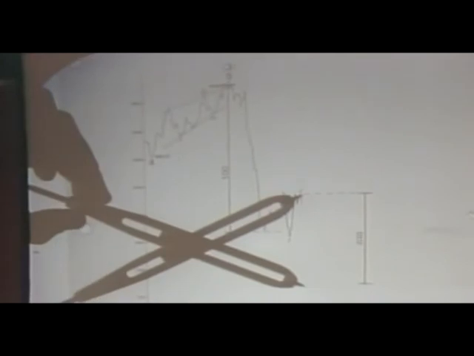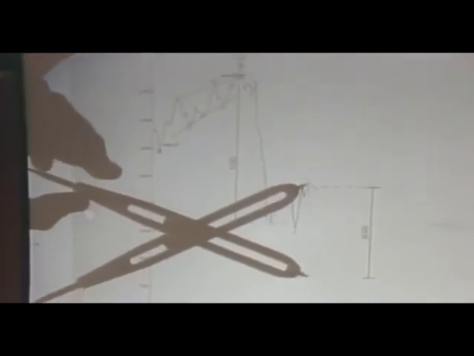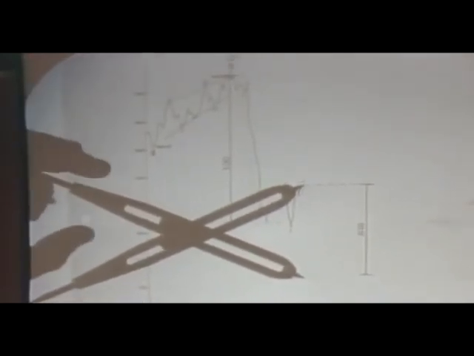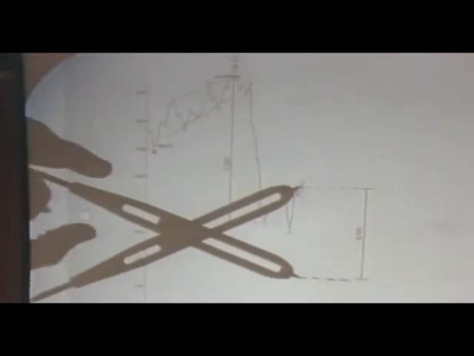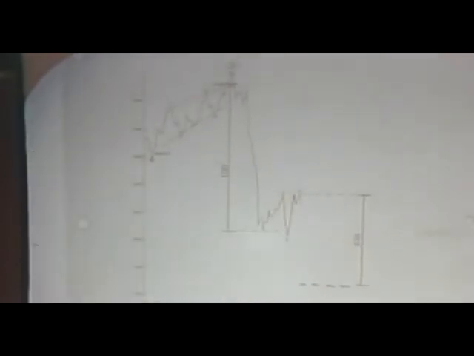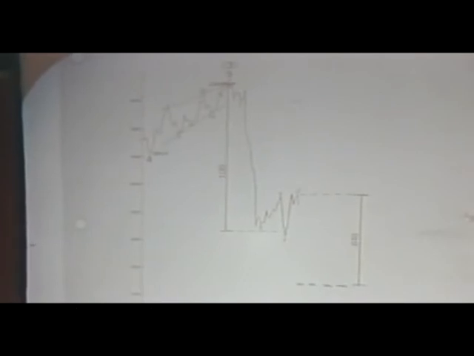Flip the compass, subtract that distance from the peak at wave 2 to obtain a target for the point at which the net travel of waves 3 through 5 would equal 0.618 times wave 1.